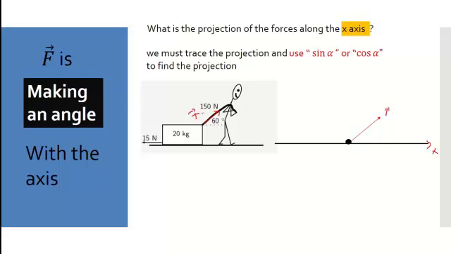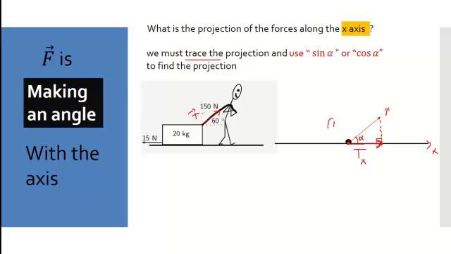Then in this case, I must trace the projection. So I will put the angle alpha here, and I will trace the projection. When I say tracing the projection, this means I draw a perpendicular to the x-axis. I put the 90 degrees. From the origin to the perpendicular, this will be the component Tx.